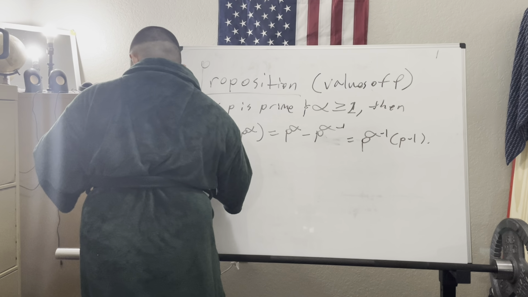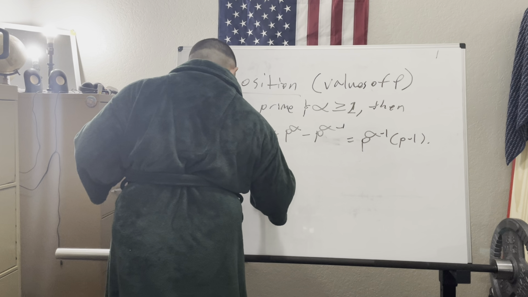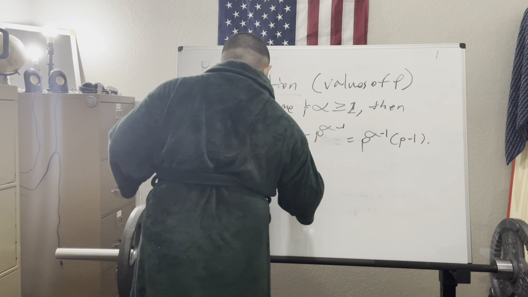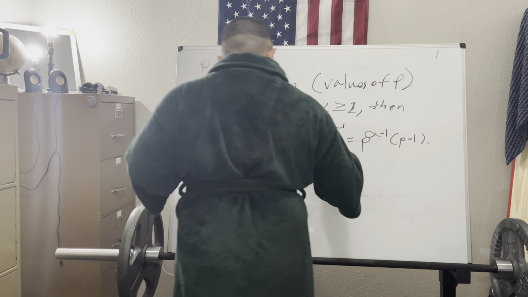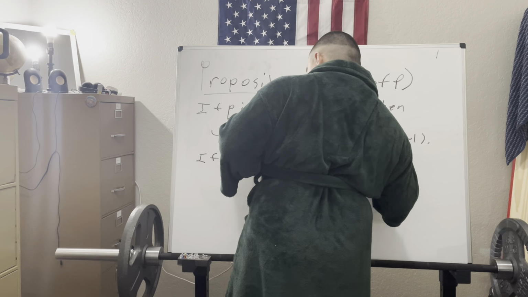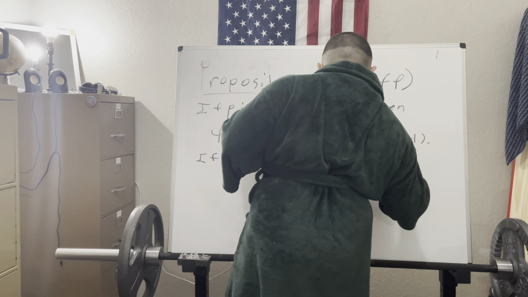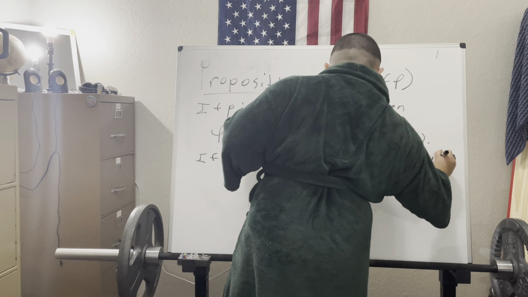If the GCD of A and B is equal to 1, then the totient function of AB is equal to the totient function of A times the totient function of B.